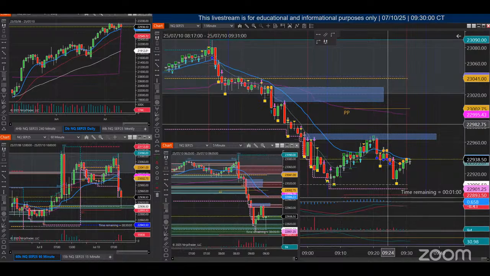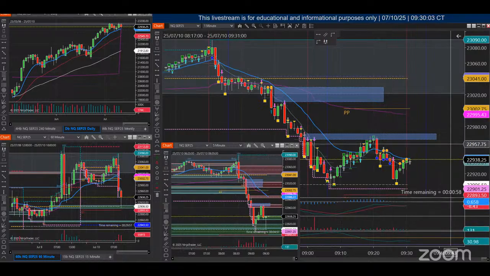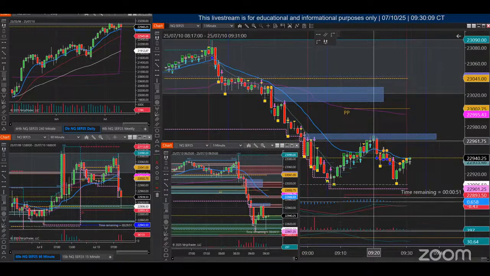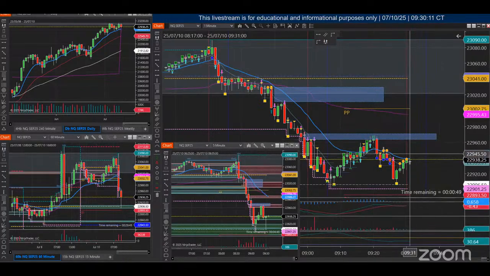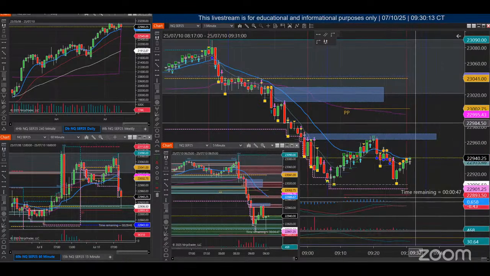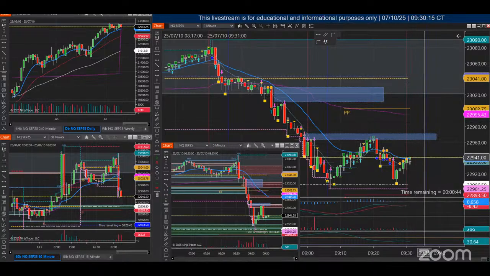Potential uptrend. So what I need to look for here is breakout structure, pullback, and then go higher.